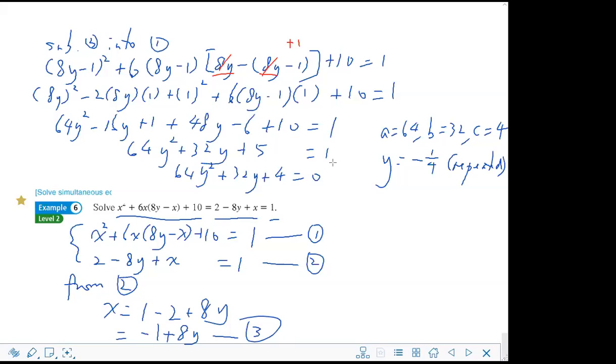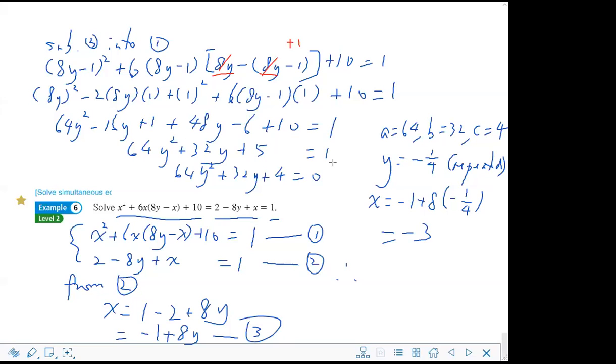You need to put it back to equation 3. So x is equal to negative 1 plus 8 times negative 1 over 4. And then finally, it should be equal to negative 3.